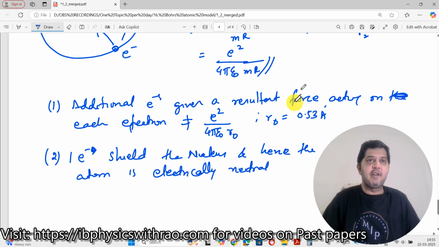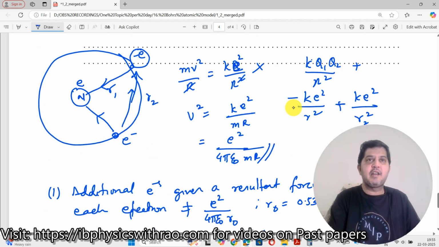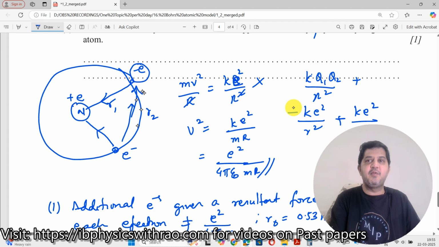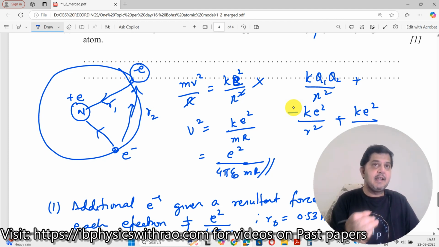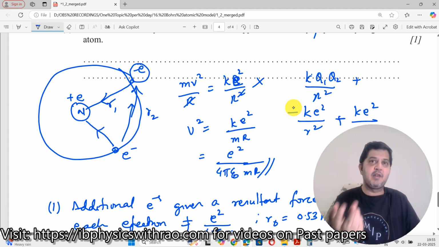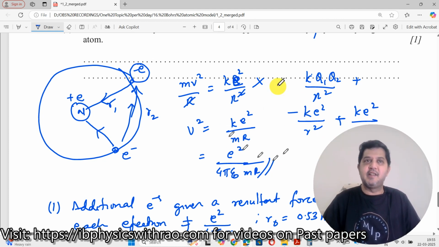What do I mean by that? If I have two electrons over here, then you can say the nucleus has a positive charge and these have a total of minus 2 negative charge. The total charge on the atom is going to be a negative value, which is going to be an ion. We are not discussing ions over here. We are discussing only a neutral atom. So you can mention this also here.